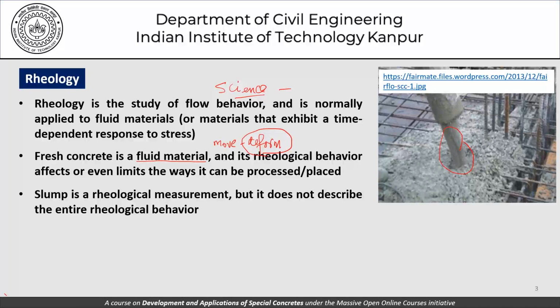Slump is a rheological measurement, but it does not describe the entire rheological behavior. Recall how the slump is carried out? We try to fill the concrete in this shape and then remove this cone. What happens is that the concrete that has been filled in this cone, in this form, acquires a shape which could be something like this.